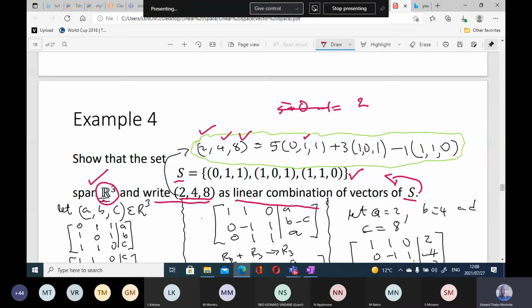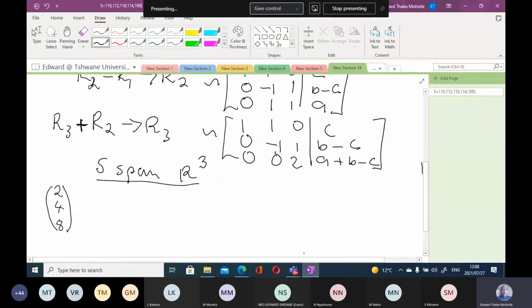What I identified today is that I can just continue from the previous exercise, so that you don't solve again. Last year I was solving again, but I realized that no. I can let my A equal 2, my B equal 4, and my C equal 8.